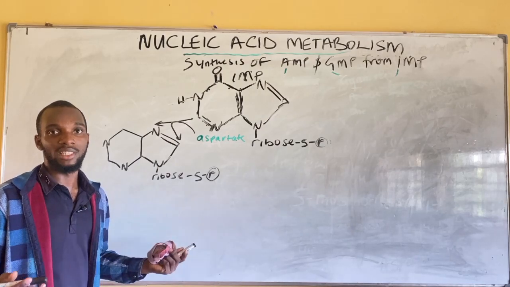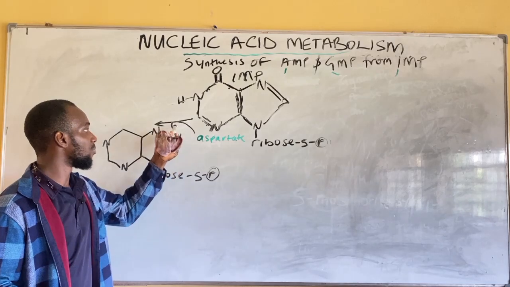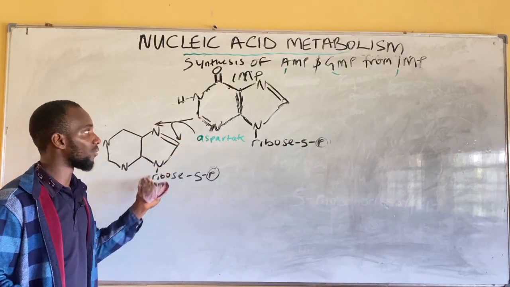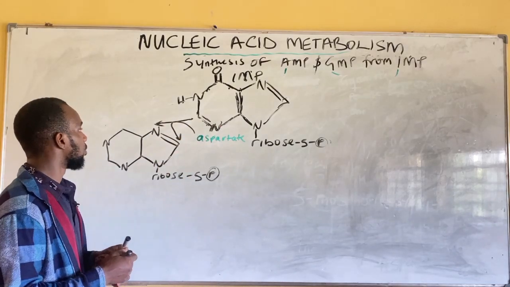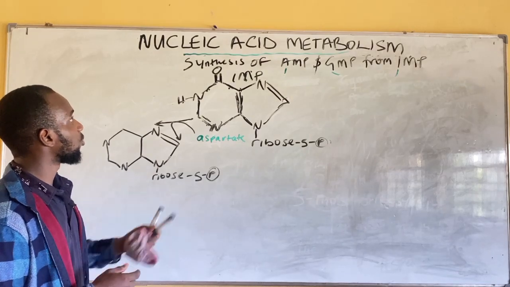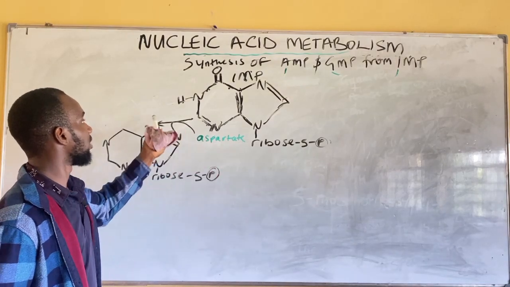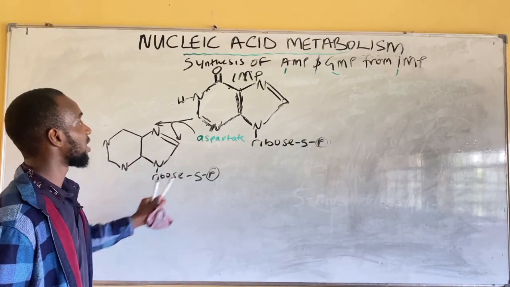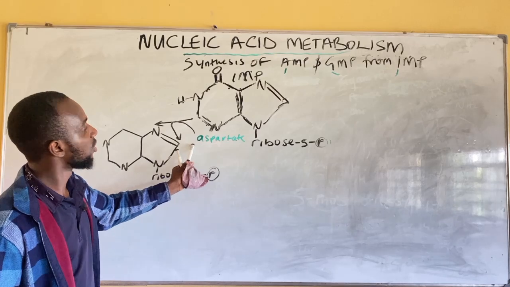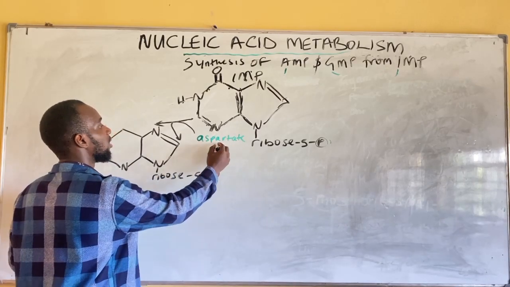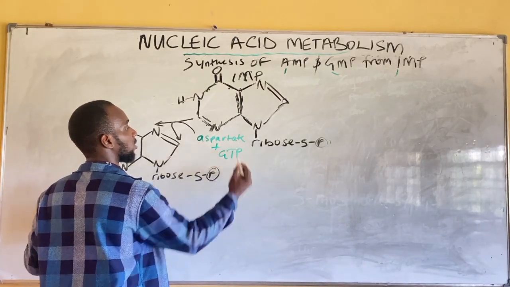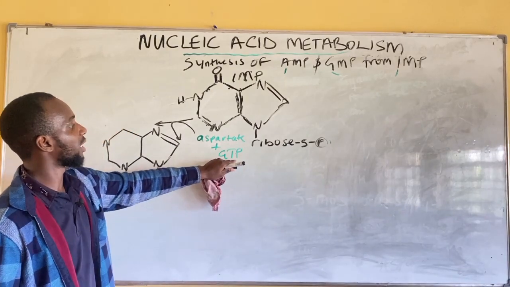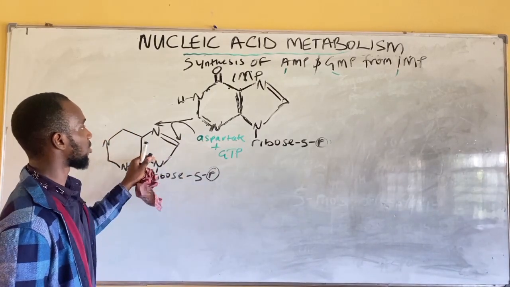When there's a lot of GTP, it will favor the formation of AMP. So GTP is required, and aspartate is required for this reaction to occur.